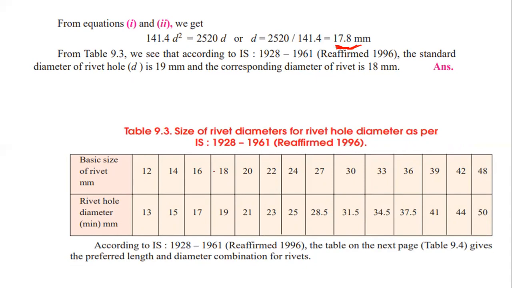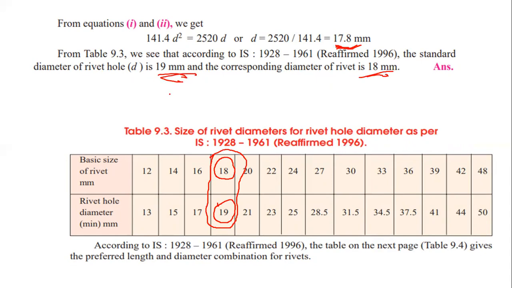The nearest value is 18 mm. The standard size is 18 mm and the standard rivet hole is 19 mm. These are the standard sizes of rivet and rivet hole. 18 mm is the rivet diameter, 19 mm is the rivet hole.